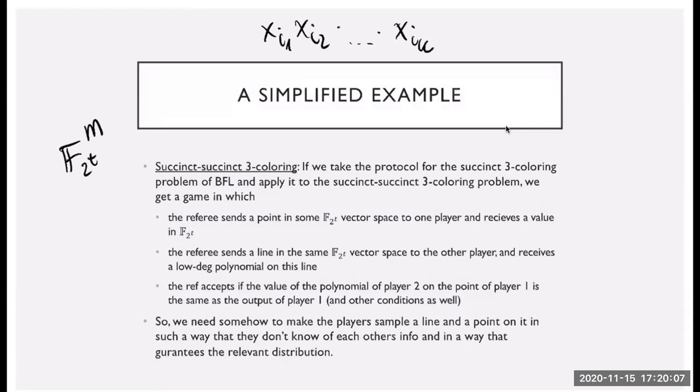Maybe for people who don't know it, to get a little bit of intuition, I'll just say that there is this 3-coloring problem lying behind there. But then it gets translated to a question about the existence of some low degree polynomial over a large space that has some properties.